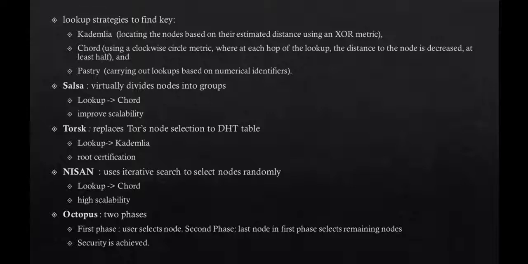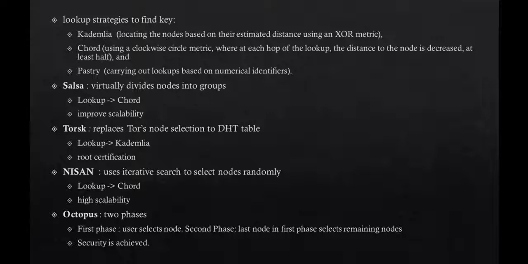We will review some of the protocols that implement these. Salsa: it virtually divides nodes into groups which are organized in a binary tree. Chord is used for key lookup. This is mainly used to improve scalability.